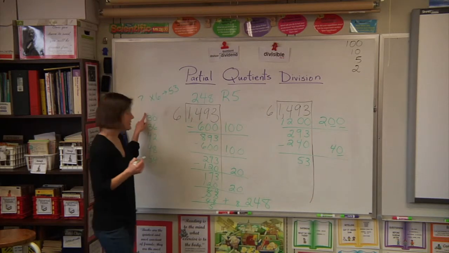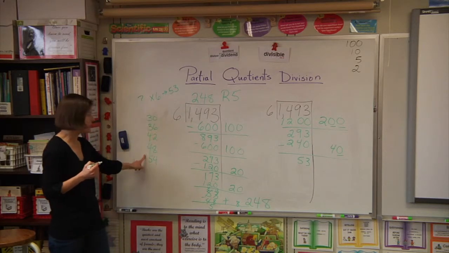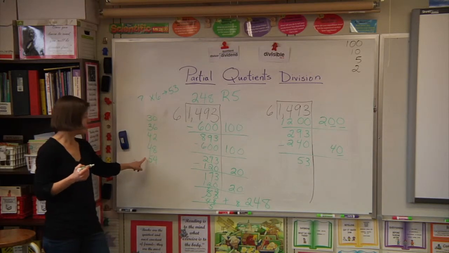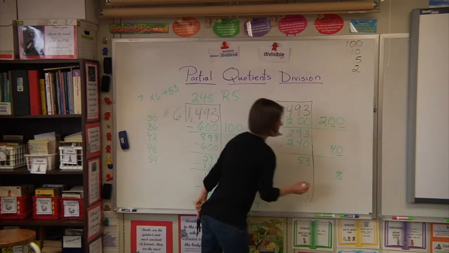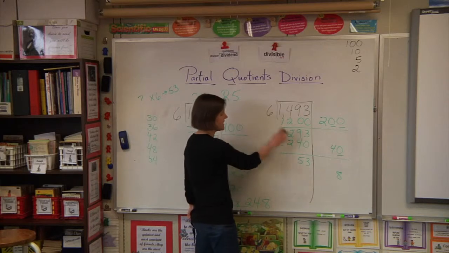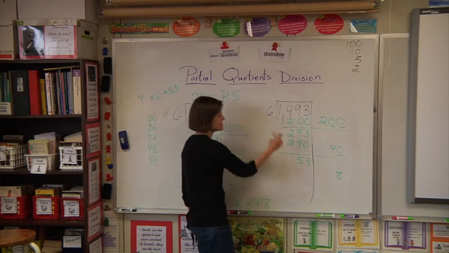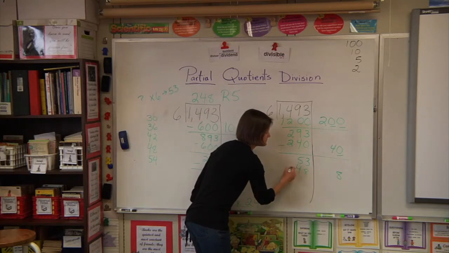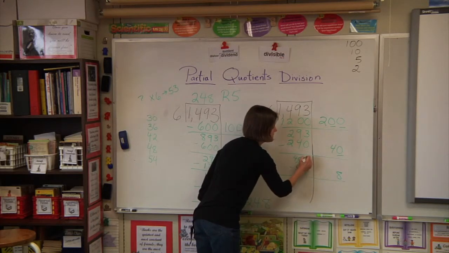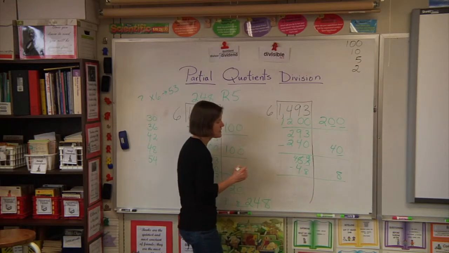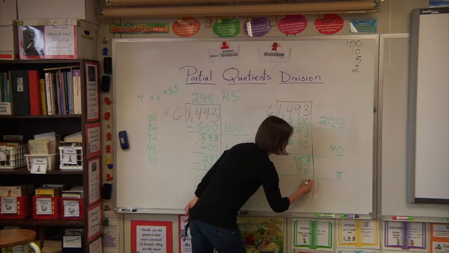And I already did my 6 facts over here, so I know 6 times 9 is too high, but 6 times 8 gets me right to where I want to be. If I give out 8 to each of those 6 people, 8 times 6 is 48. I can do some regrouping here. 13 minus 8 is 5.